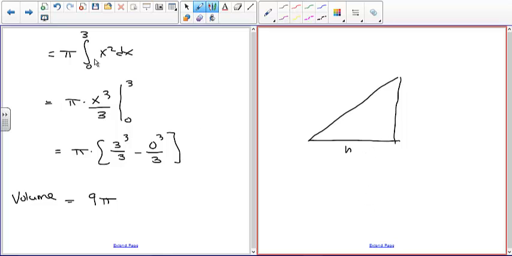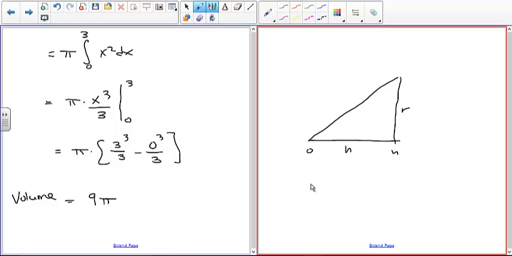So instead of integrating from 0 to 3, I'm going to integrate from 0 to h. And this is r. So that's the radius of the big part, the bottom of the cone.